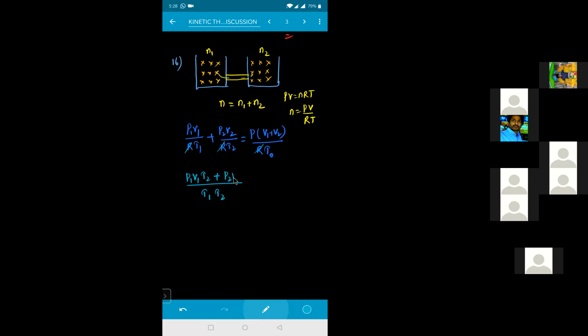That will be equal to P into V1 plus V2 divided by T0. So T0 will become P into V1 plus V2, and T1 and T2 go here, so it is T1 T2 divided by this total term, P1 V1 into T2 plus P2 V2 into T1.